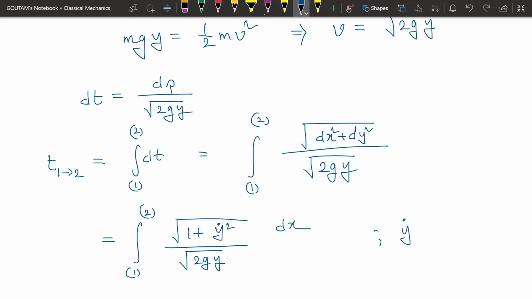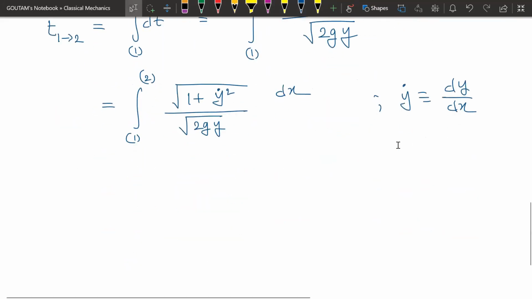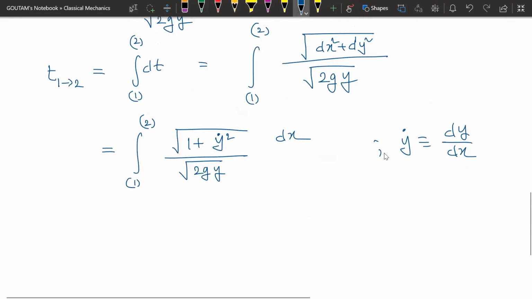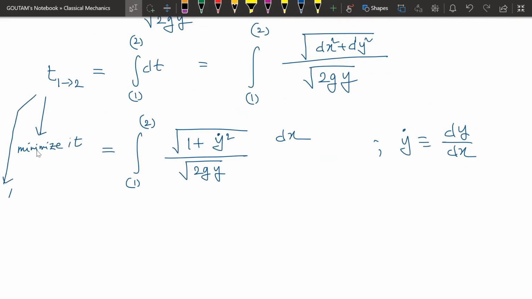So y dot is dy/dx. We want to minimize this, which means we can treat it as our action. So in that case, we can treat this quantity as our Lagrangian.